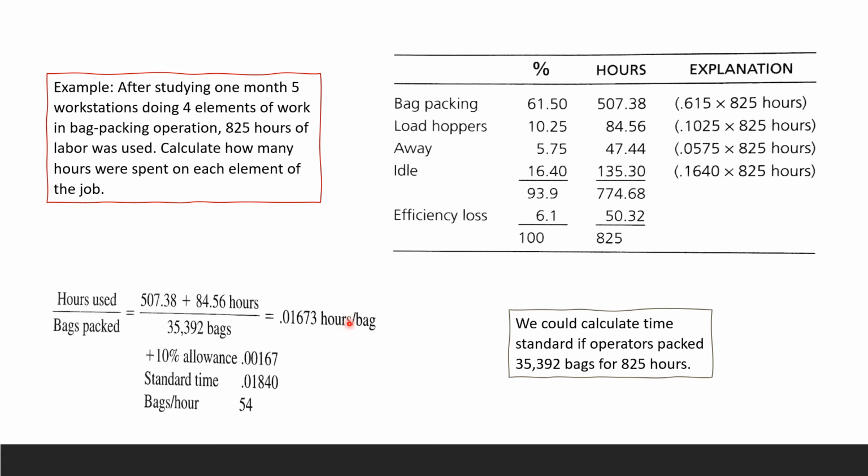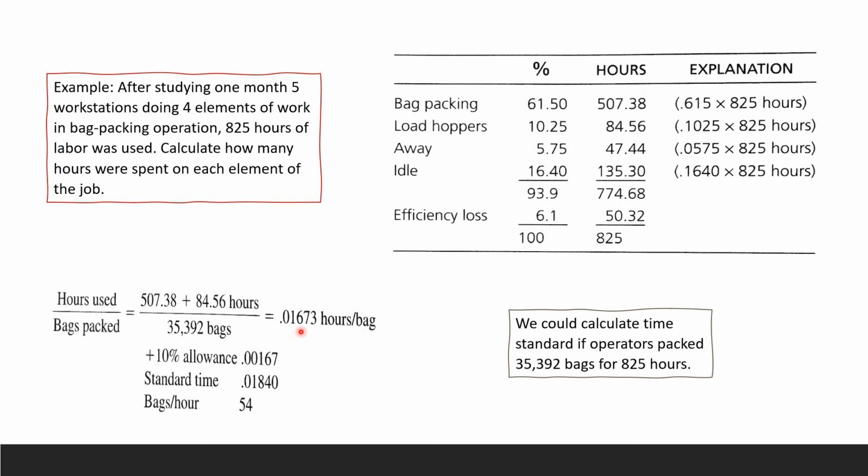Hours per unit is the one that we're always doing in operation charts. All the charts are very similar to each other. We're always hitting hours per unit, hours per piece. In this case, your unit is bags packed, so bag.